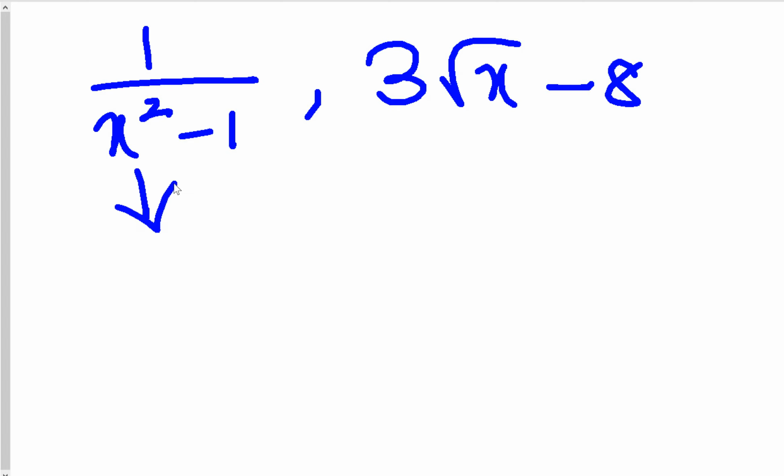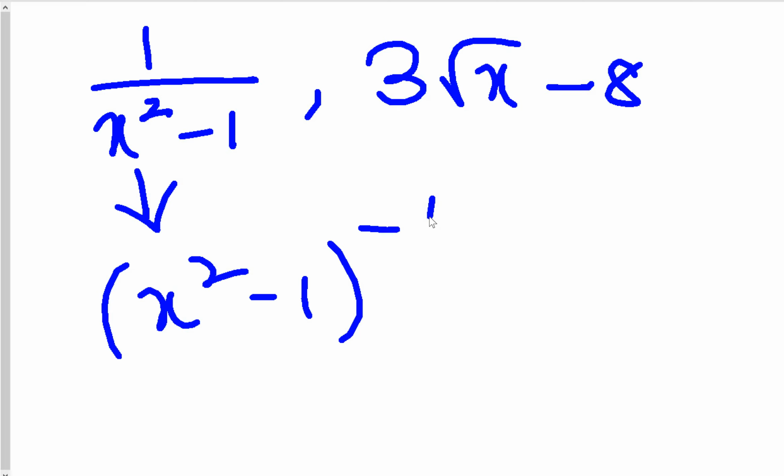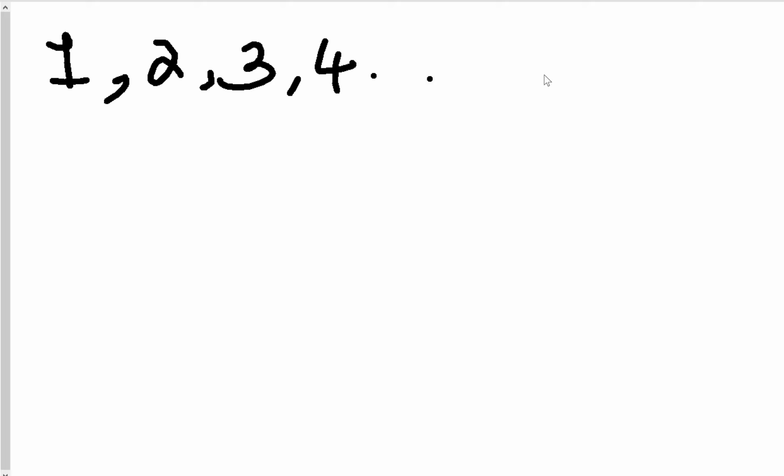The first expression can be written as x squared minus 1 the whole power minus 1. But polynomials are defined only for positive integer powers, that is 1, 2, 3, 4 and so on.